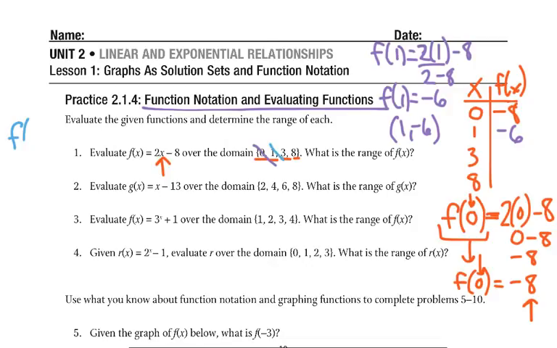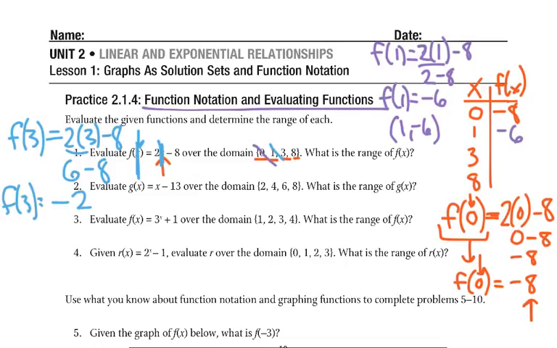Now I do it for 3. F of 3. Notice how I'm always changing that input when I'm evaluating. 2 times 3 minus 8. Notice that whatever goes in for x goes in for x in the problem. So 2 times 3 is 6, minus 8 is negative 2. So f of 3 equals negative 2.